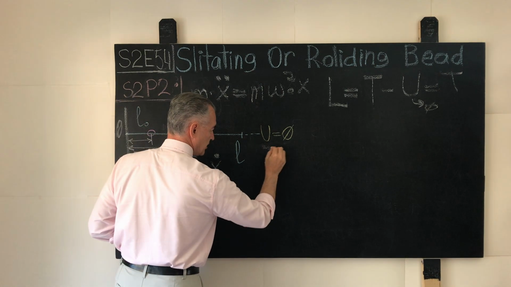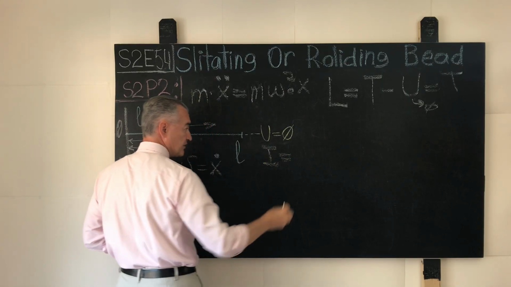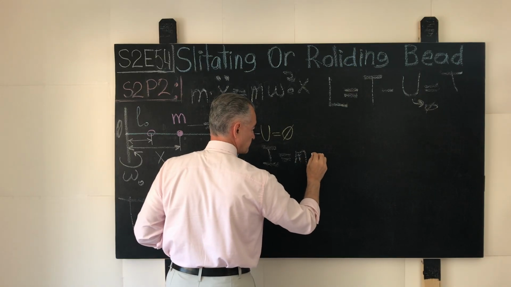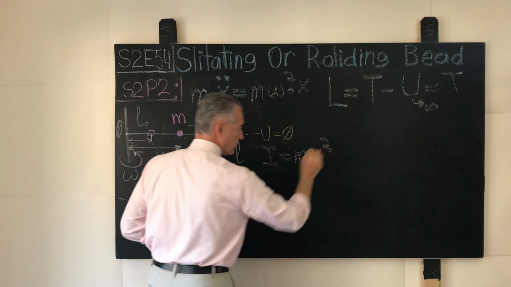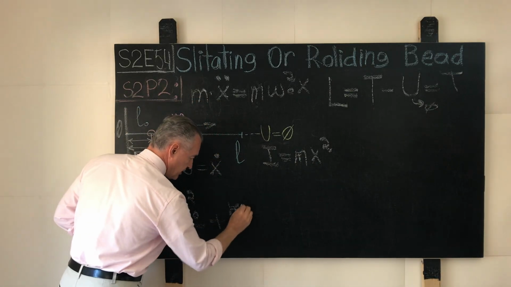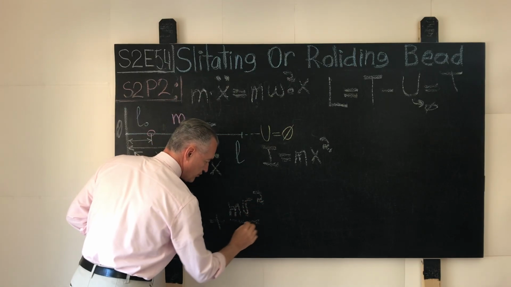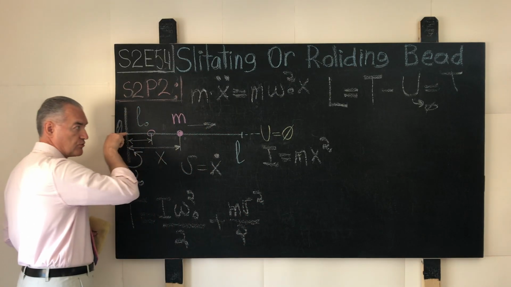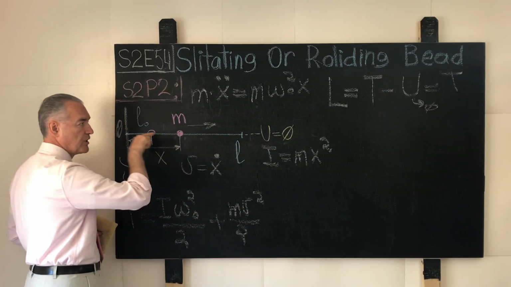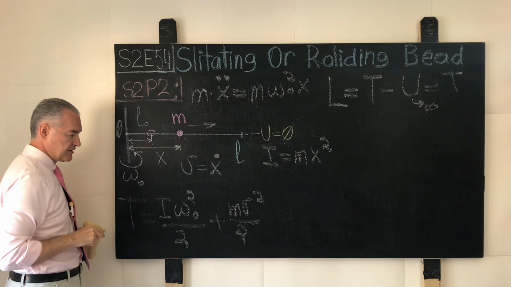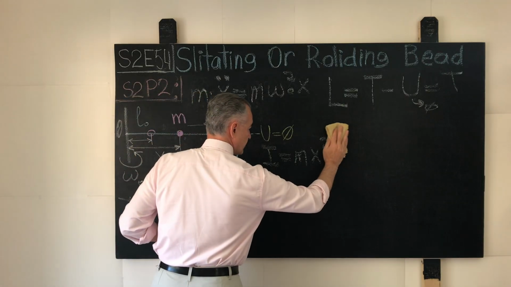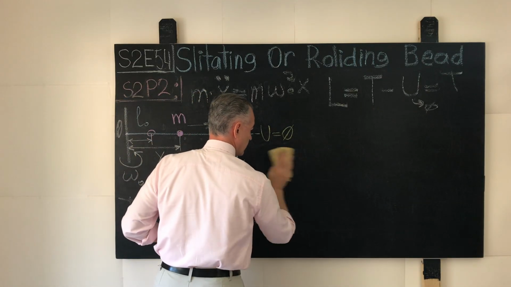Just as a reminder, in some sense, this can be taken as a definition of the moment of inertia, which will be m x squared, plus the kinetic energy associated with the motion of the bead along, or with respect to the rod itself, here v, the velocity of the bead with respect to the rod. So these are two components that go into the making of the kinetic energy of our system.